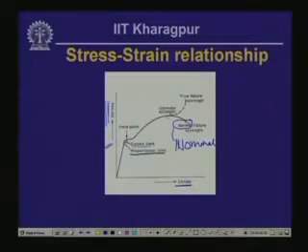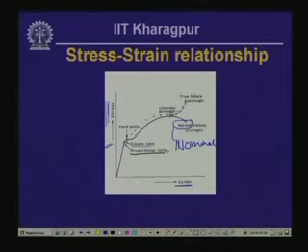The cross sectional area we always take as the original cross sectional area, and accordingly we get this profile of the curve. If we take the actual area, load divided by the actual area, then the stress value will be different from this. In fact, from this particular point we will have a configuration something like this.